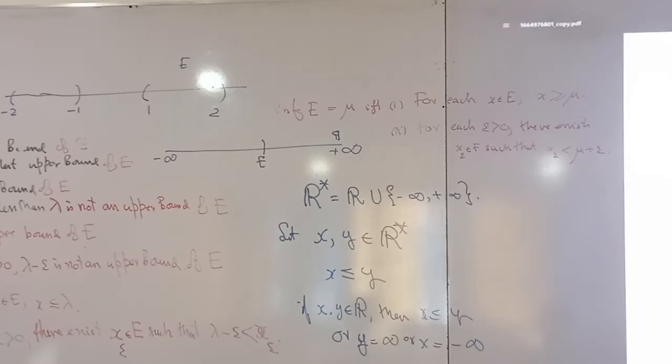For every x belonging to E, we have x less than or equal to sup E. This is definitely true if E is a subset of R, since sup E is the least upper bound, which means it is an upper bound.